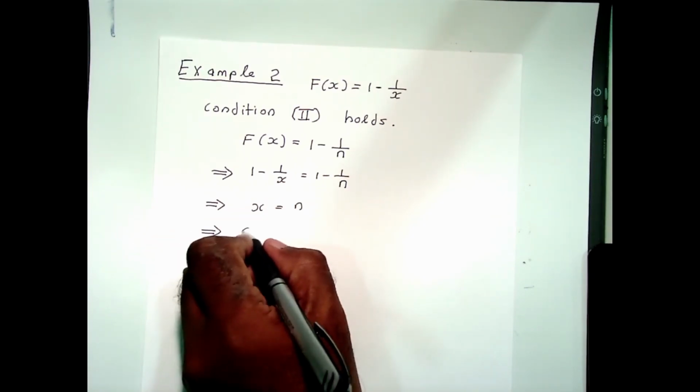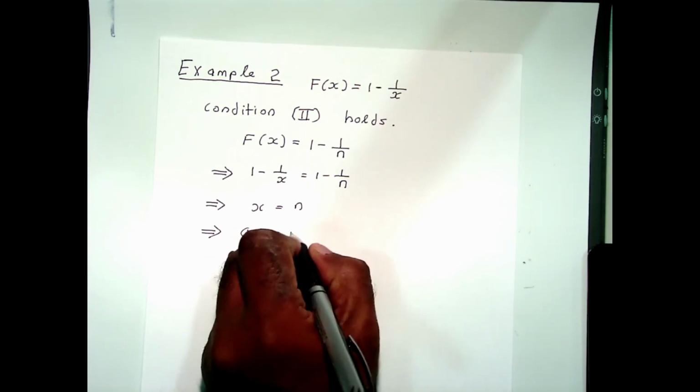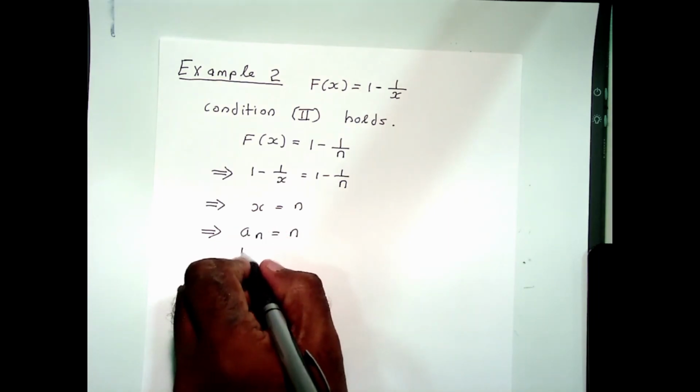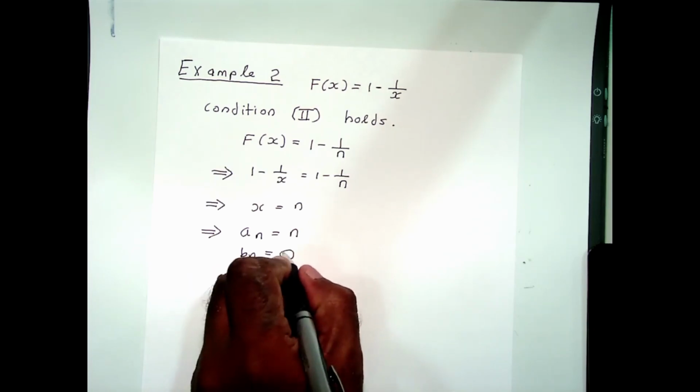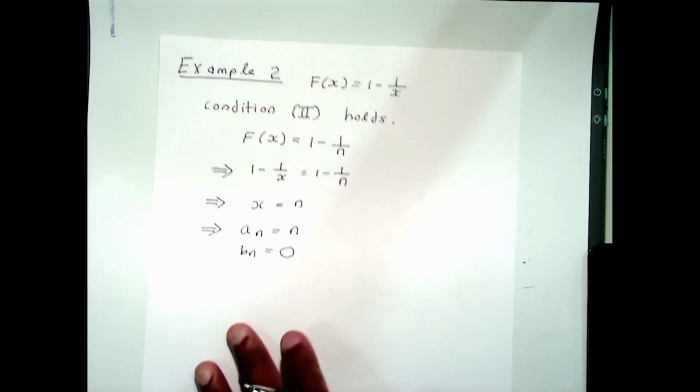So an is simply equal to n, and bn from the formula sheet is 0.